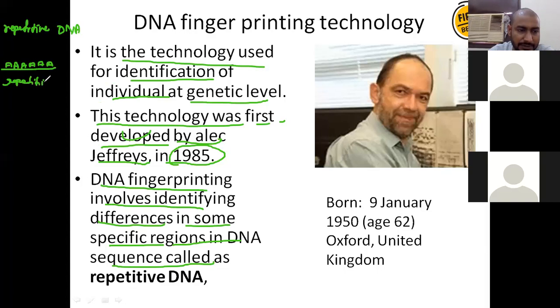Repetitive DNA means the base pair is the same. So DNA fingerprinting involves identifying the difference in a specific region, and this region has the repetitive DNA.